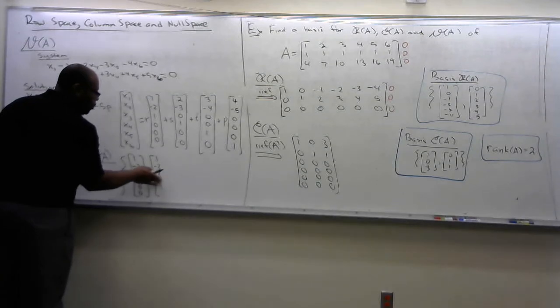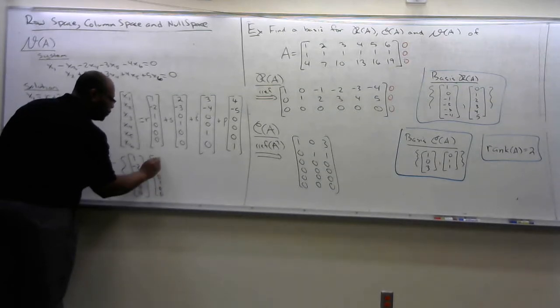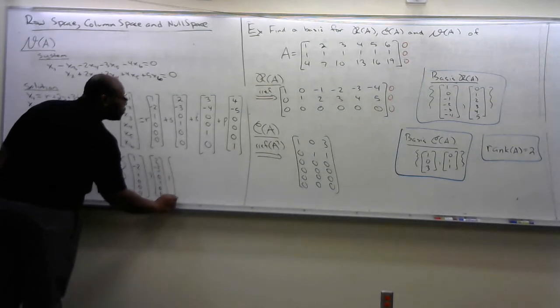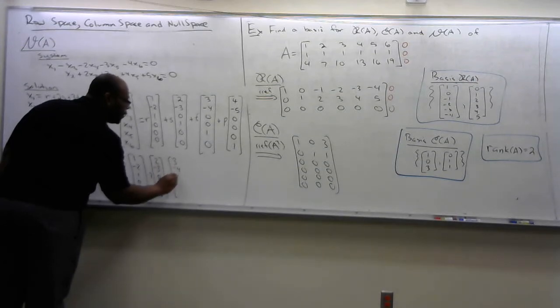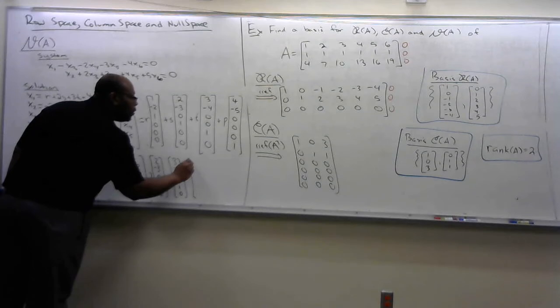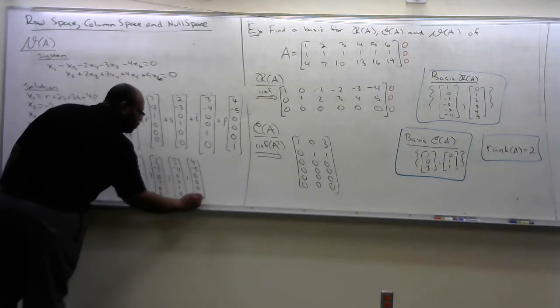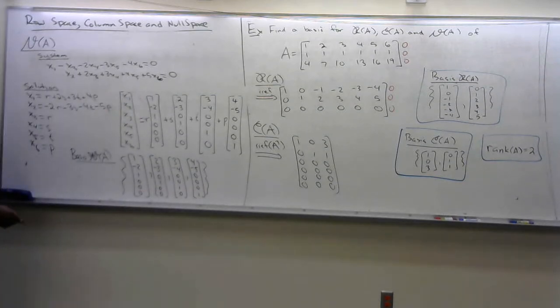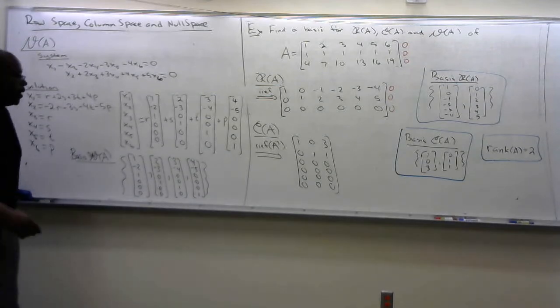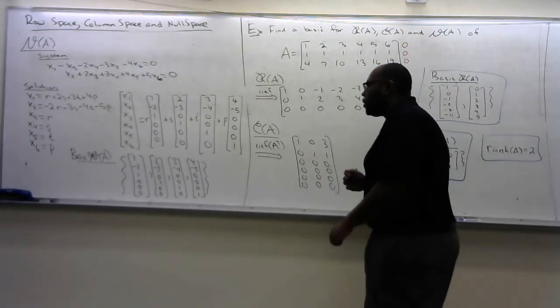Oh, sorry, I did it repeated twice. 2, negative 3, 0, 1, 0, 0. 3, negative 4, 0, 0, 1, 0. 4, negative 5, 0, 0, 0, 1. That's the basis for the null space of A.